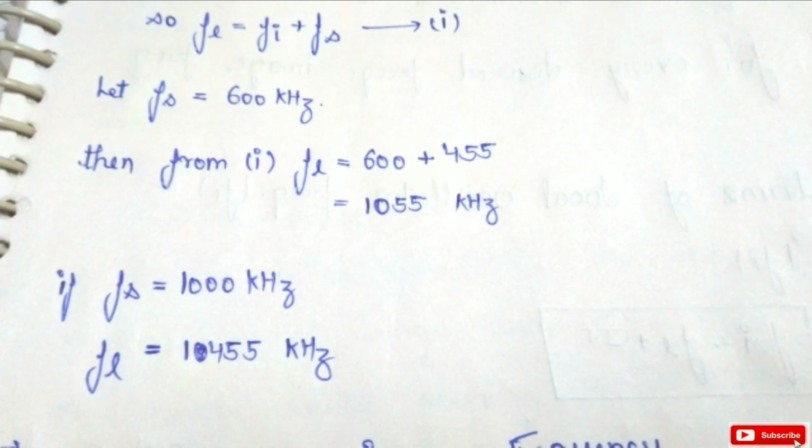In this way, the value of FL changes according to our tuned frequency, and the problem in the tuned radio receiver, that at high frequency we are not getting the desired quality factor, is solved in the super heterodyne receiver because we are changing FL according to our need.